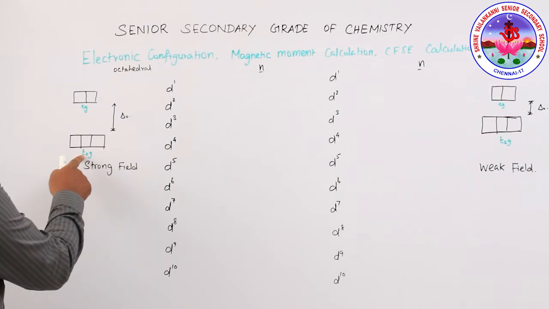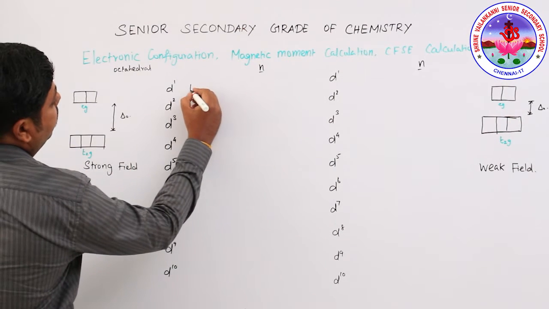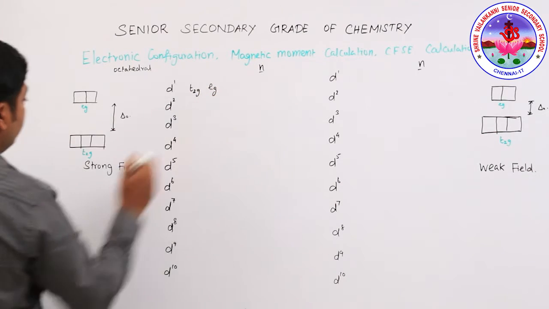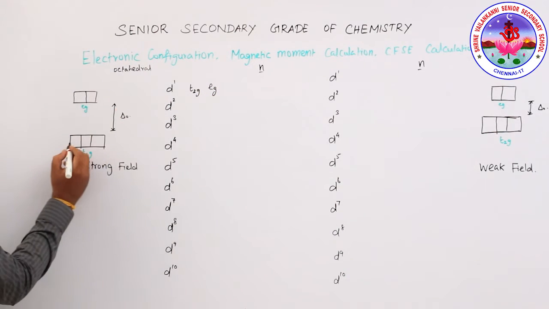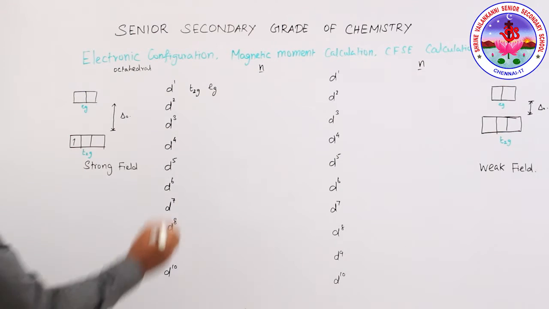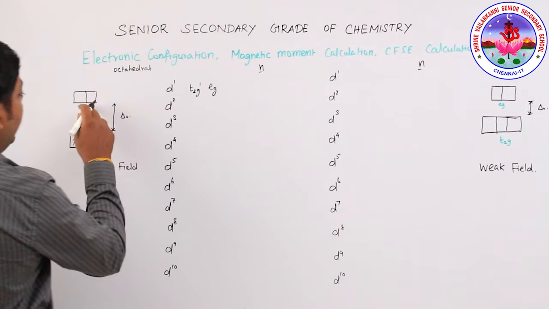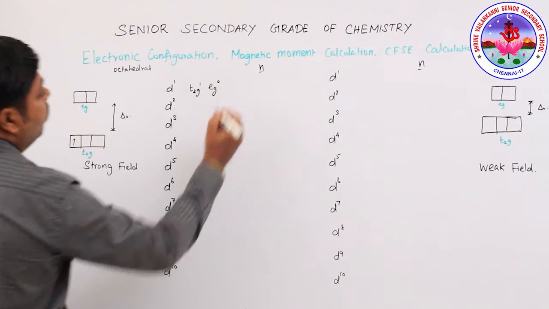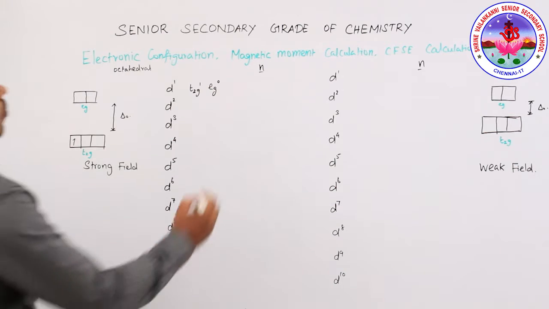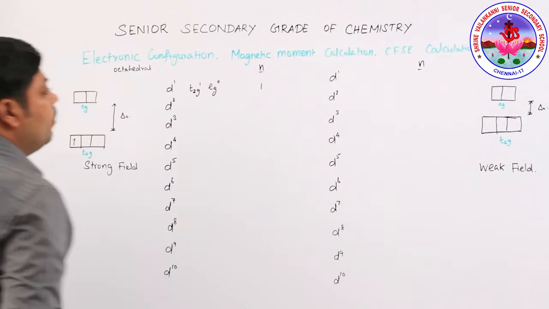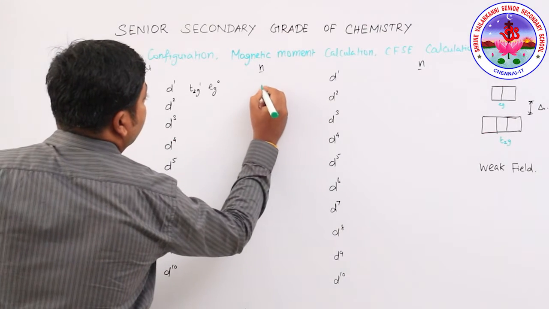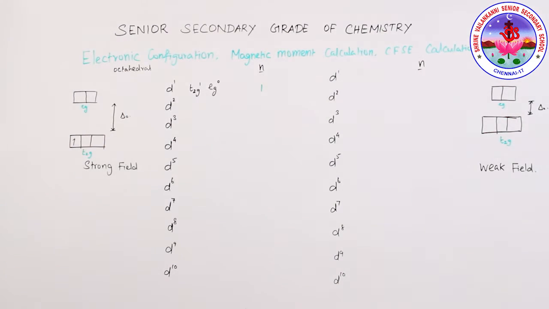First write the T2g and Eg. How many electrons? D1. So, write one electron present here. So, T2g 1 and Eg does not have an electron. So, the number of unpaired electrons is 1. I can write here, this is the unpaired electron.